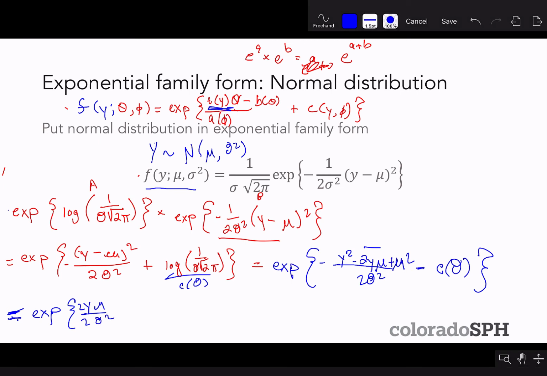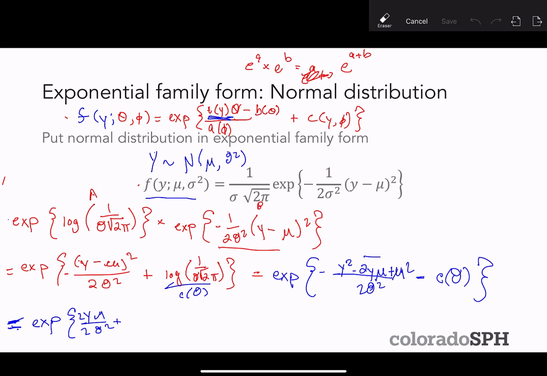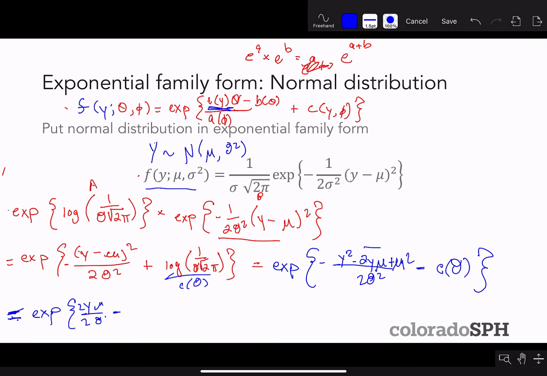And you get plus, sorry, that's still also a negative, so I'm going to erase that. You get minus mu squared over 2 sigma squared. Then you're going to get minus y squared over 2 sigma squared, and then minus this c of sigma.